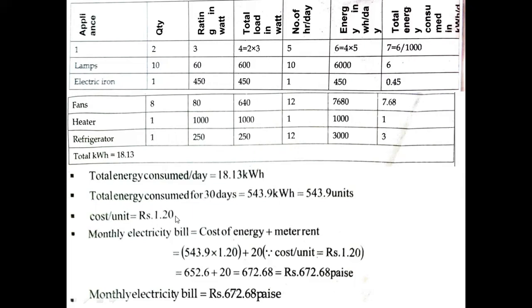Cost per unit is 1.20 rupees, and meter rent is 20. So 543.9 into 1.20 plus 20, which is 672.68. So monthly electricity bill is 672 rupees 68 paise.